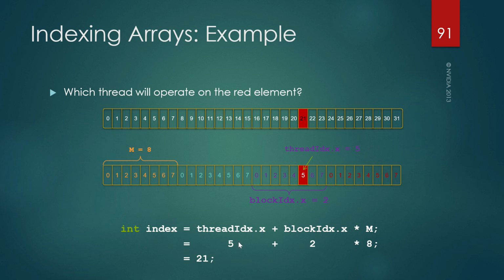So with 5 and 2, 1 times 8 will get you to this point, and then 2 times 8 will get you to this point, and then going over 5, the thread ID of 5.